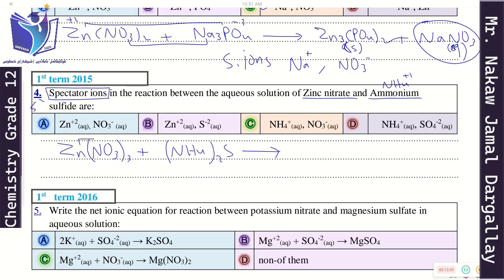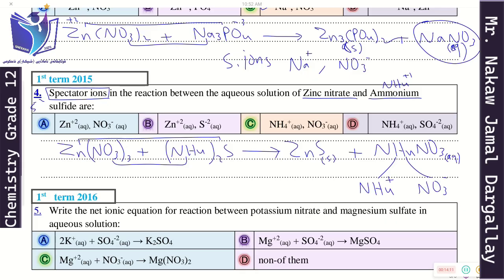Zn with S produces ZnS, NH4 with NO3 produces NH4NO3. ZnS is insoluble in water. Ammoniums are soluble in water. We can find the spectator ions from the aqueous product. The spectator ions are NH4 positive and NO3 negative. So the correct answer also is C.